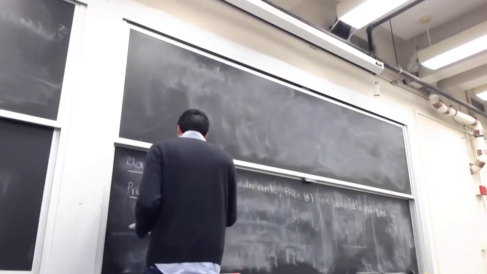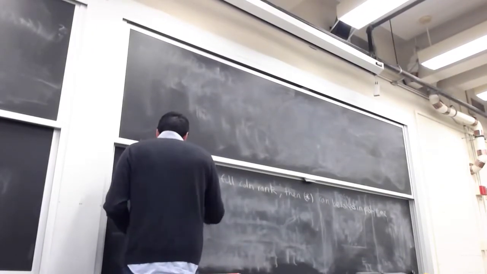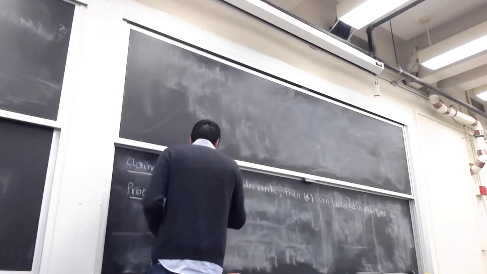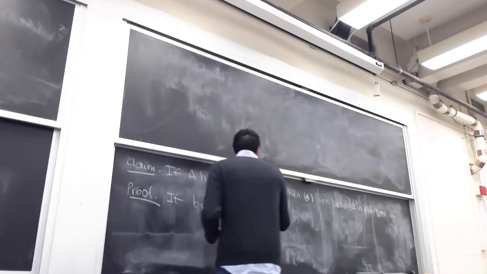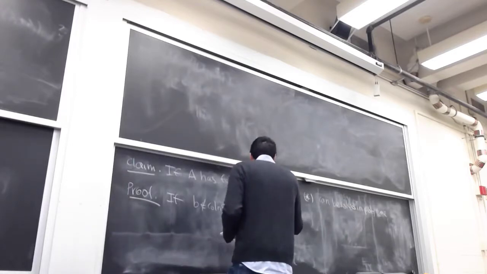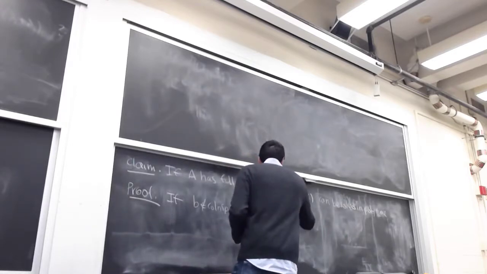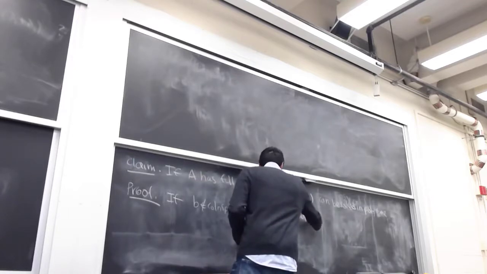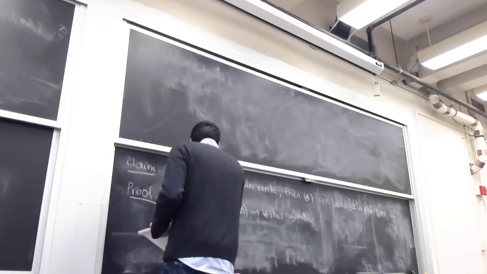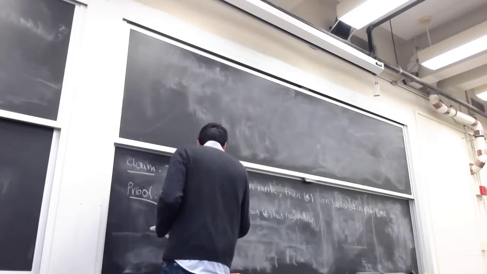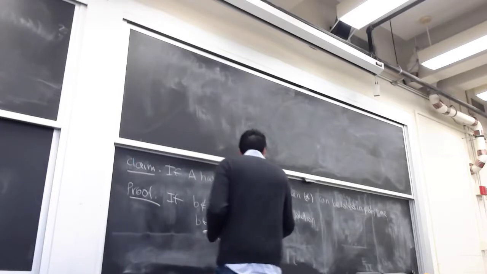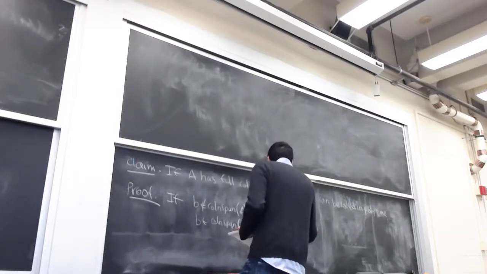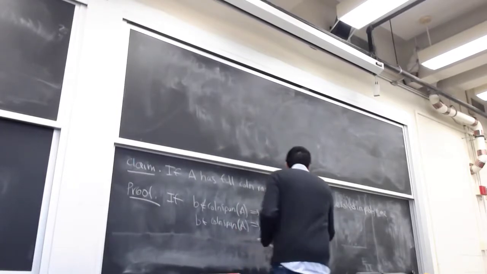The point is that if B is not in the column span of A, then star has no solution. And if B is in the column span, Ax equals B has a unique solution.